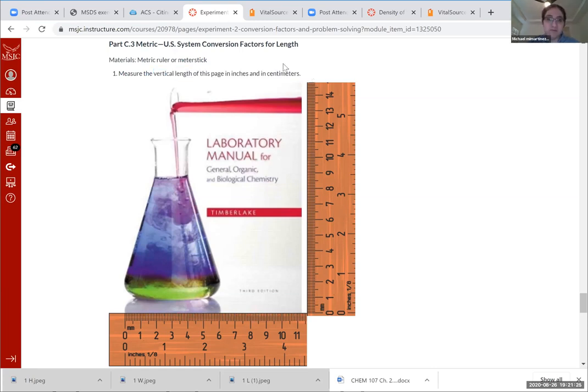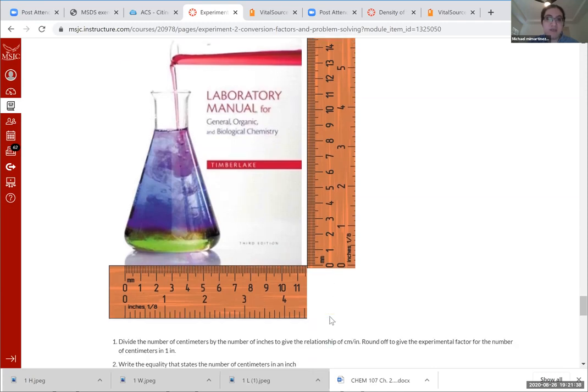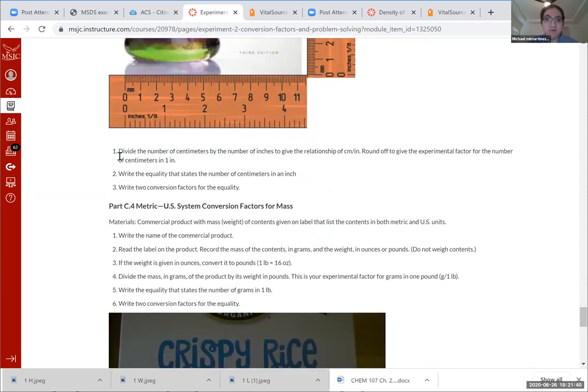So I'd like you from this lab manual page to record the length of the page in inches and in centimeters. Note the ruler that you're using is a centimeter ruler, just like always. Then what I want you to do is divide the number of centimeters you measure by the number of inches to give a relationship from centimeters to inch.